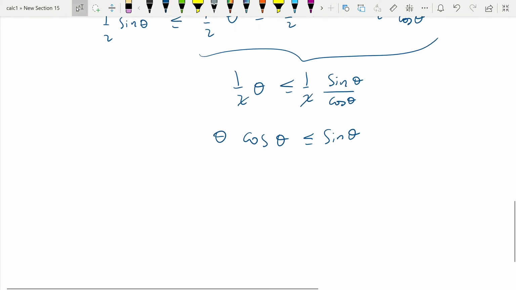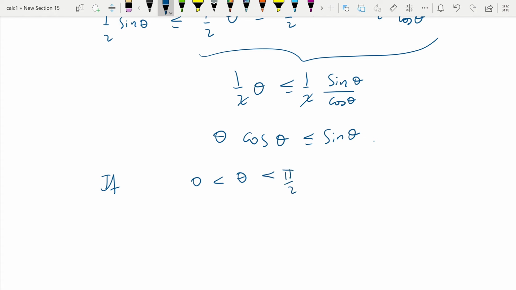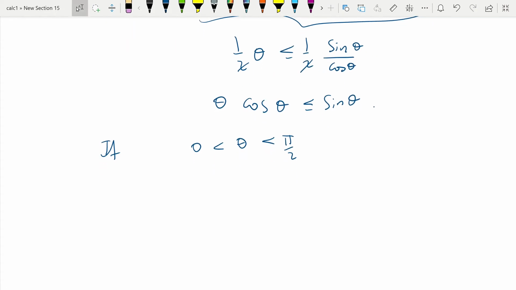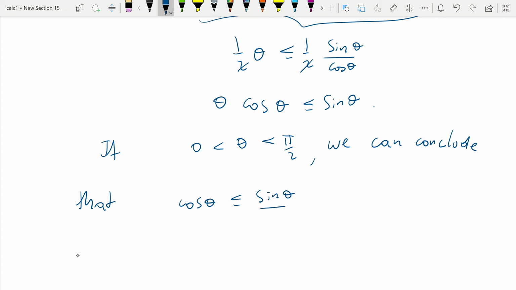Right? And if theta is positive, so if we just consider values of theta between 0 and pi over 2, we can conclude also that cosine of theta is less than or equal to sine of theta over theta.